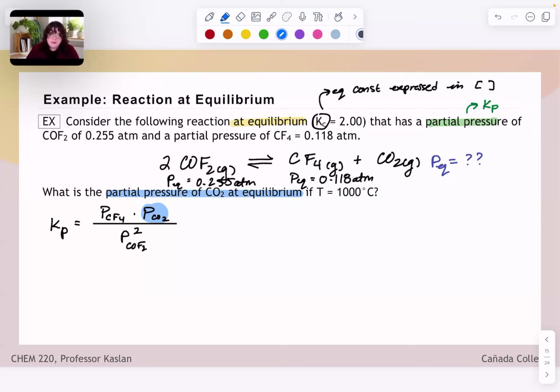All right. Let's rearrange this so that the partial pressure of CO2 is isolated, because that's what we're trying to find. So this would be Kp times, moving over my denominator, partial pressure of COF2 squared over partial pressure of CF4. And I do, in fact, know these partial pressures at equilibrium.